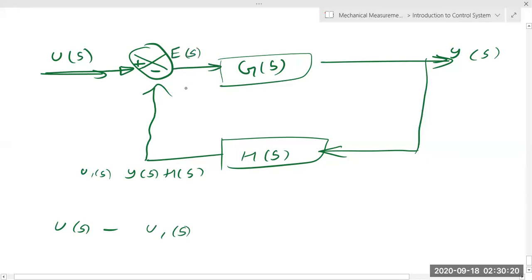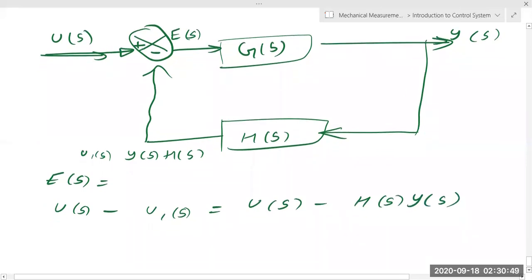This sends the corrected error value to g of s. I'll simplify this to e of s. So e of s is equal to u of s minus u1 of s, which is u of s minus h of s into y of s.